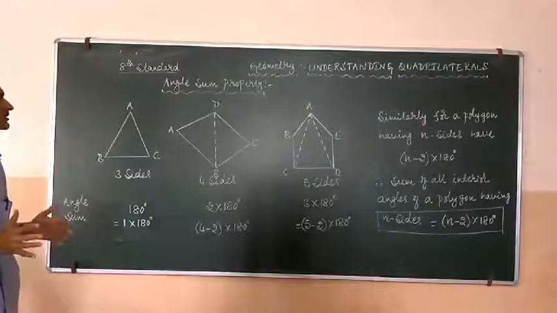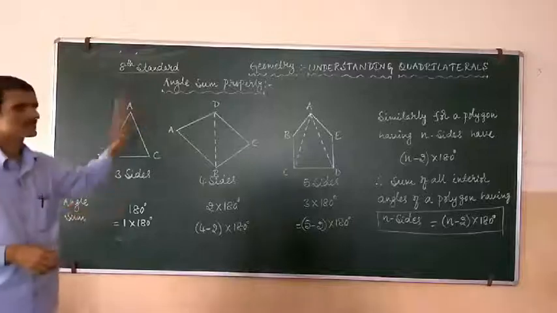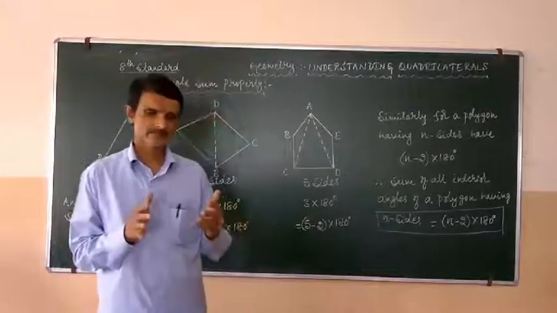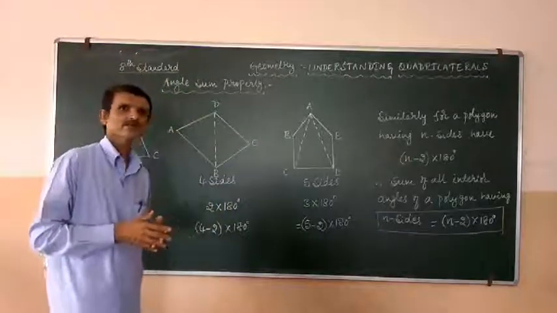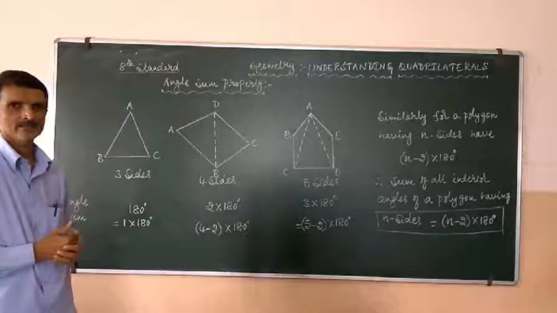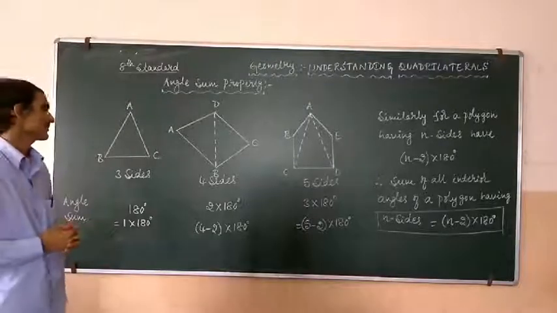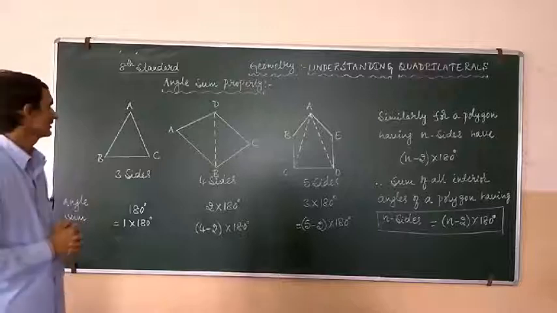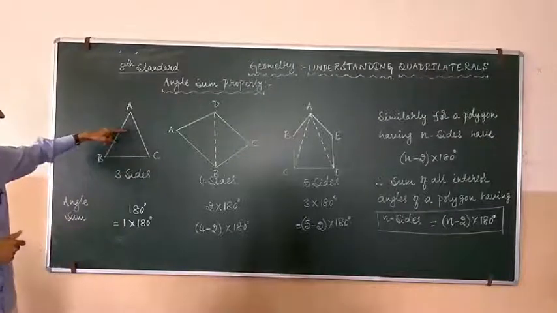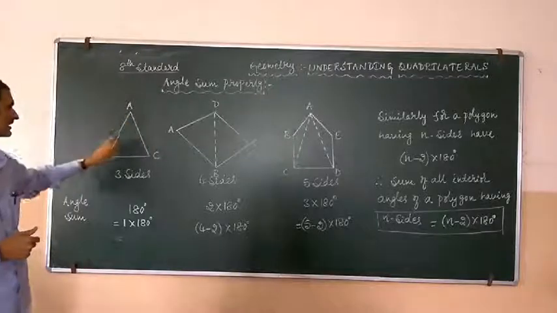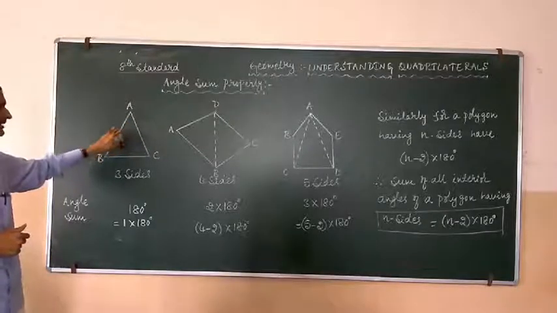Students, now we shall see the angle sum property. That means we will find the sum of the interior angles of a given polygon. Observe this figure, students. This is a three-sided plane figure called a triangle.